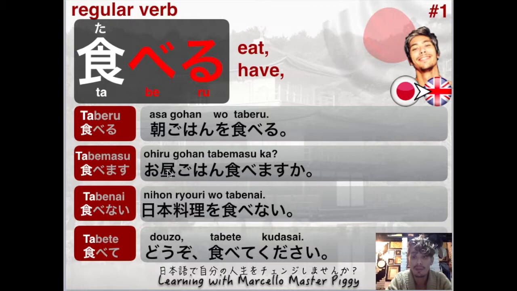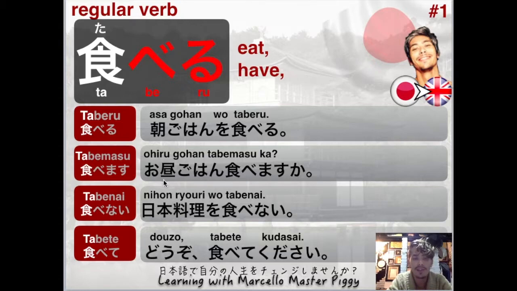So let's have a look at the sentence: ohiru gohan tabemasu ka. Please have a look at the ka at the end. Whenever you see the ka at the end, this means that it's a question. We saw that gohan is meal, right?